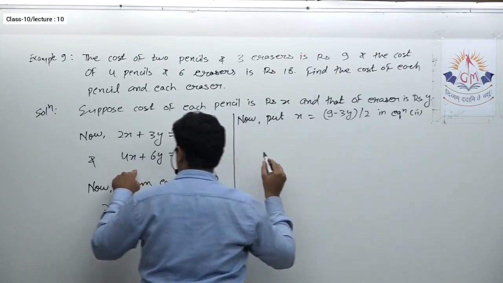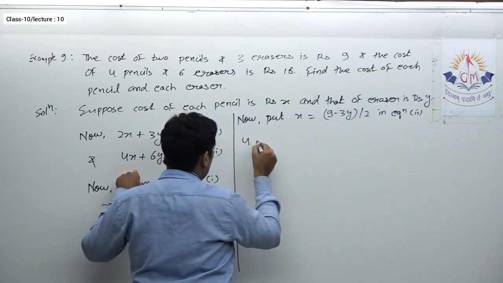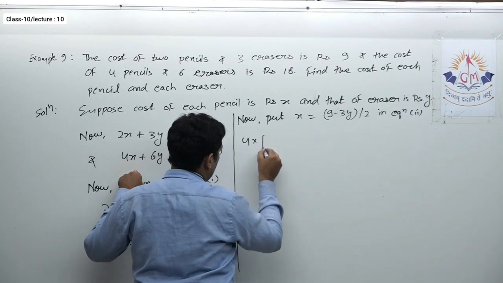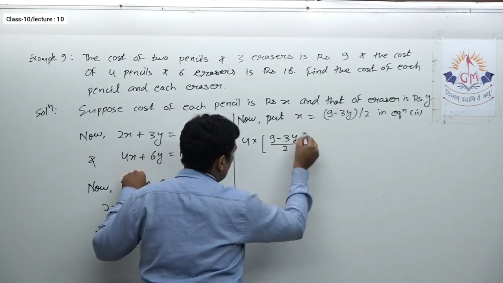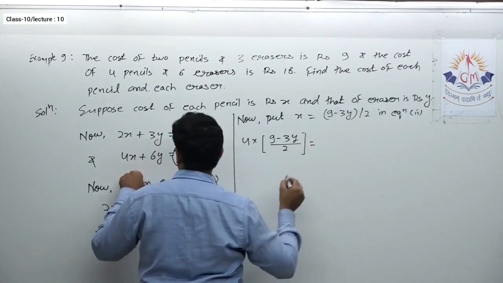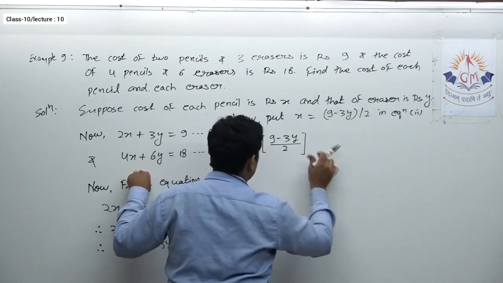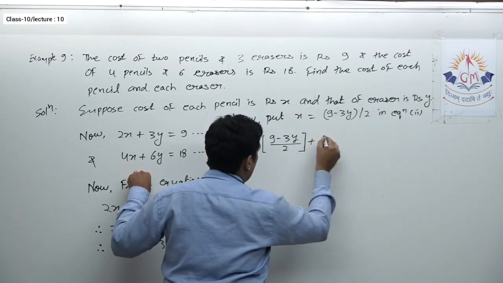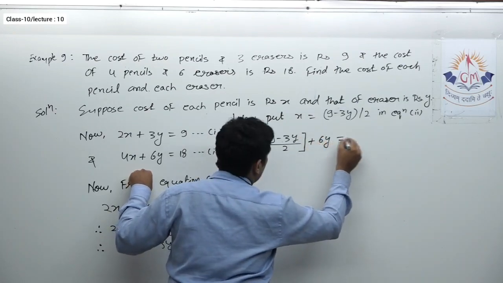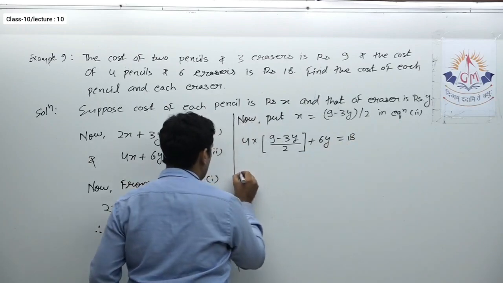So this gives you 4 multiplied by this, that is (9 minus 3y) upon 2, plus 6y is equal to 18.